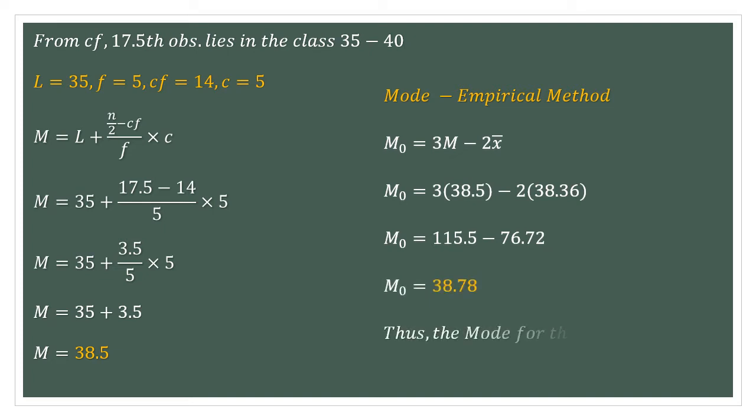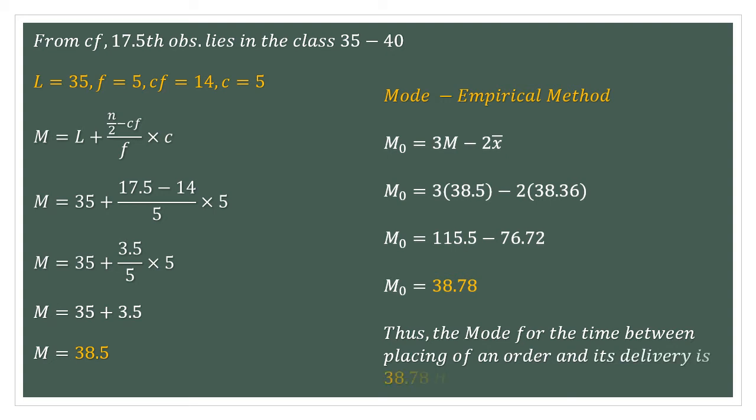So the statement here is that thus the mode for the time between placing of an order and its delivery is 38.78 hours. So this is how you calculate a mode by the empirical method. This question can be asked for 5 whole marks, so be ready for that.